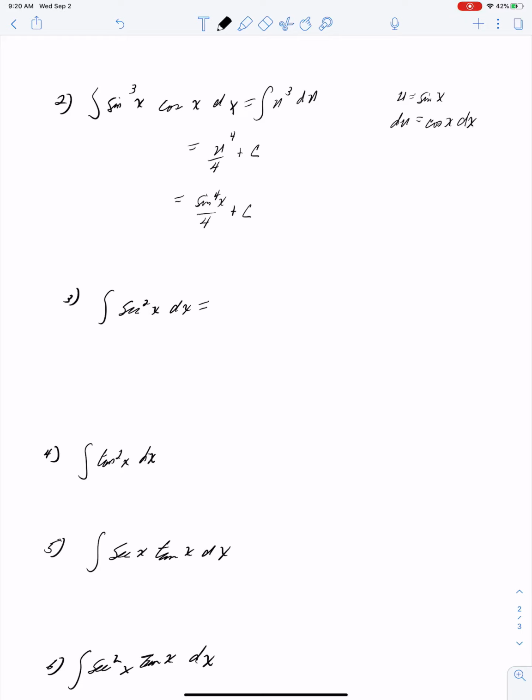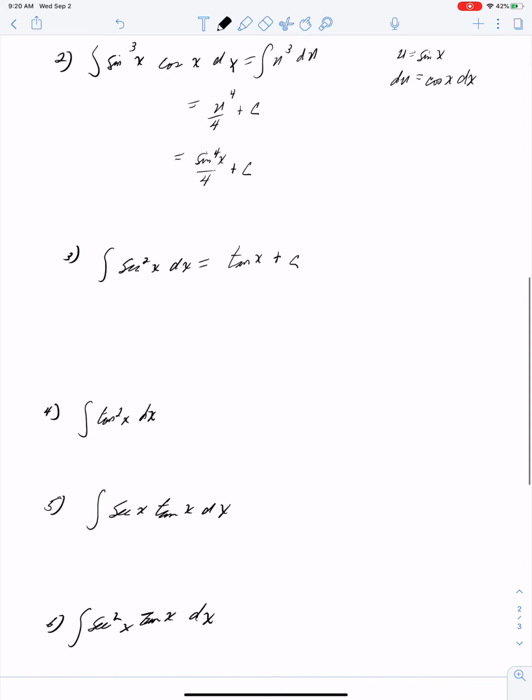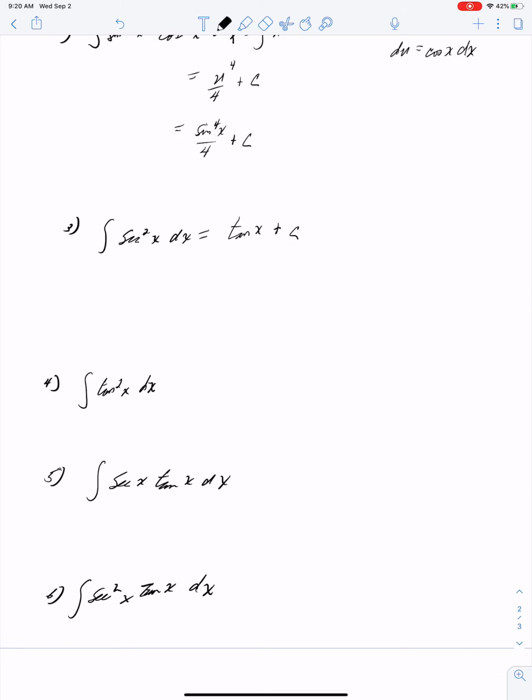And the point is, what? I know a function whose derivative is secant squared x, and it is what? Tangent. So I'm not going to work too hard for that. Right? Because I know a function whose derivative is secant squared.